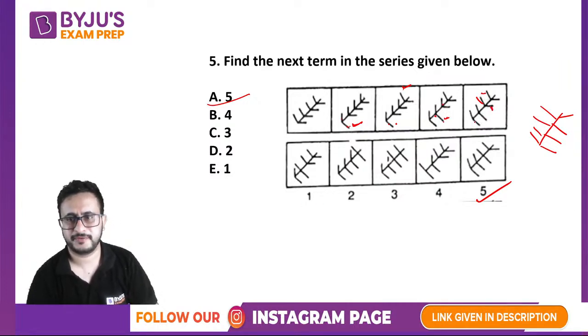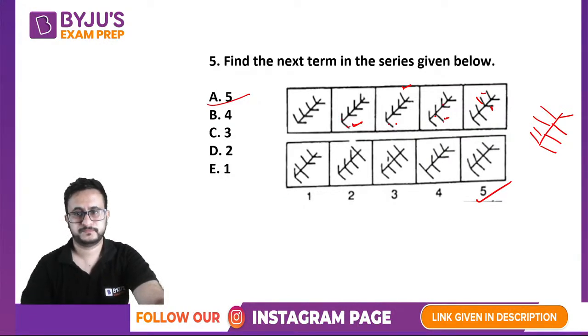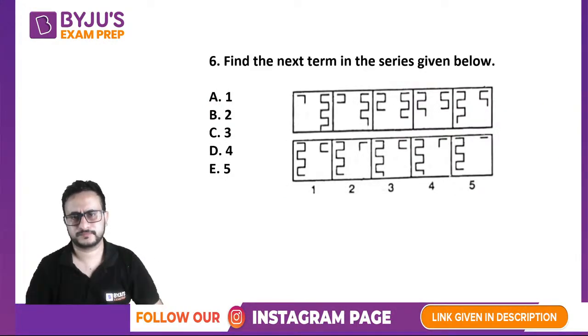So these three will be parallel, and these two are parallel, and these two in one image. This appears to be an easy one.